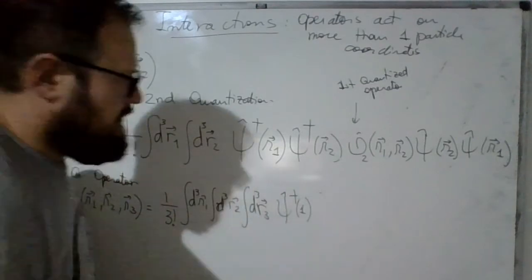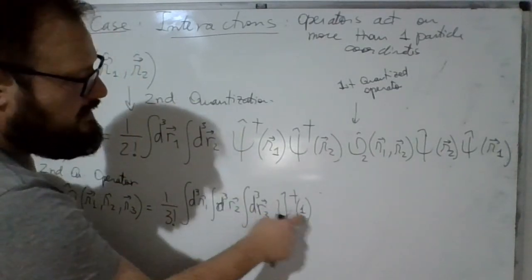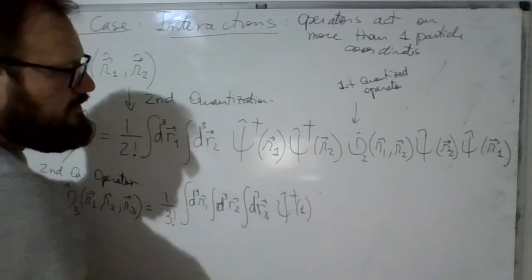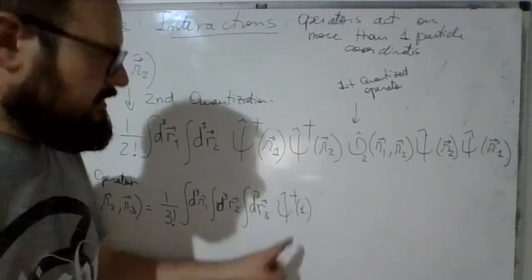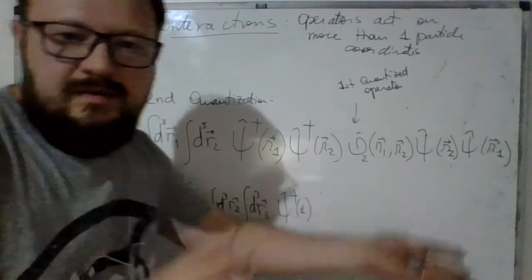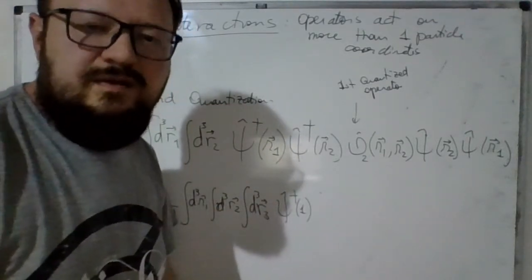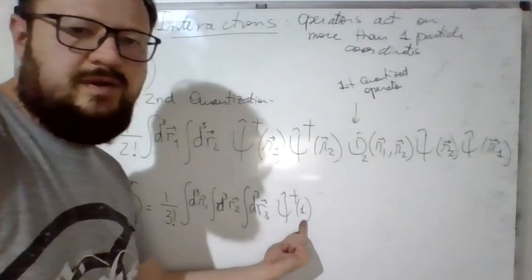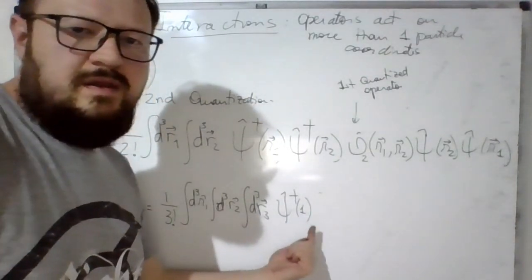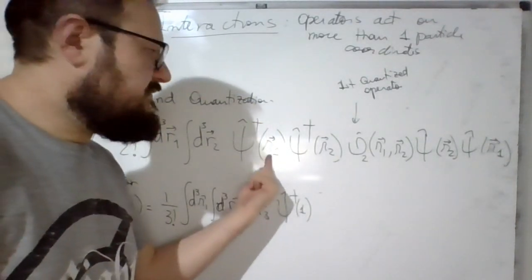It's just R1 here, but in some books you could find not the entire notation. You just find the one in the argument, but it just means that you are integrating over R1.